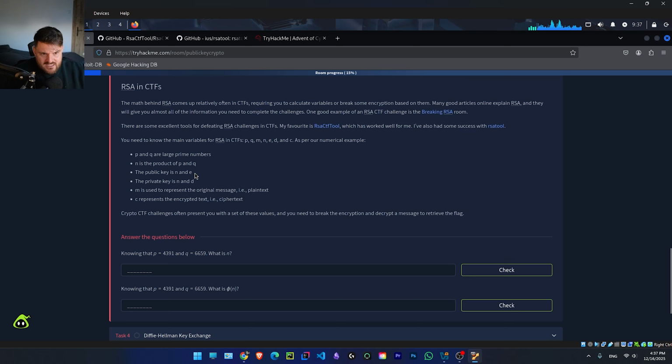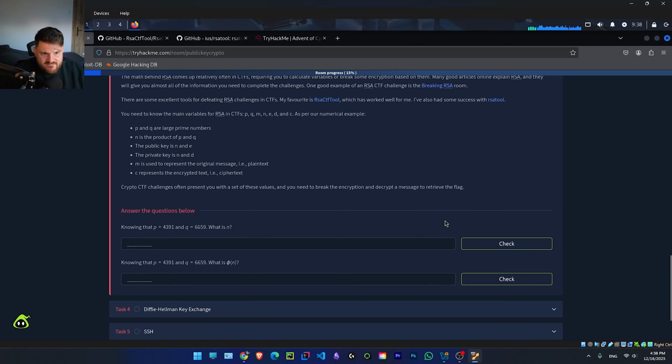The public key is n and e. The private key is n and d. m represents the original message, that is the plain text. c represents the encrypted text, that is the ciphertext. Crypto CTF challenges often present you with a set of these values, and you need to break the encryption and decrypt the message to retrieve the flag.